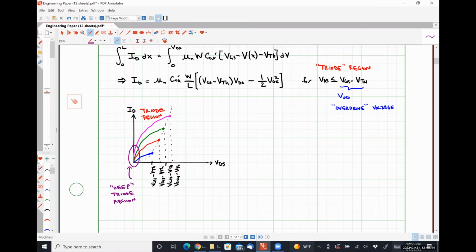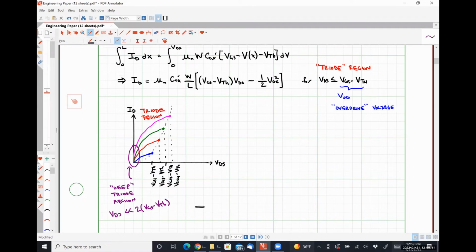So we'll define the limits for this as VDS is much less than twice VGS minus VTH.